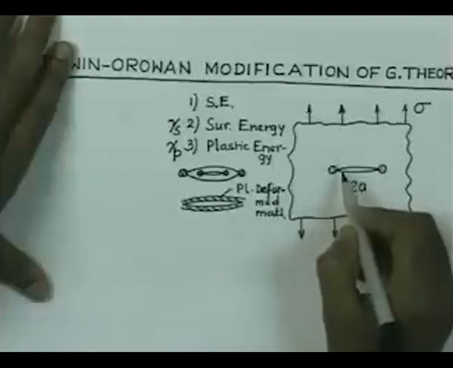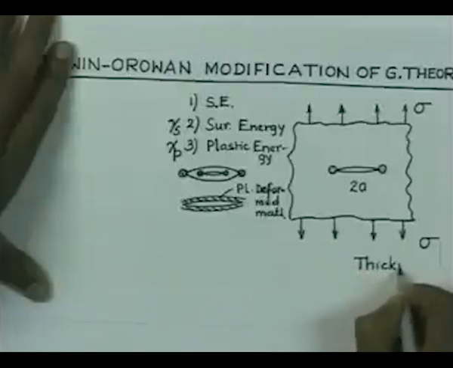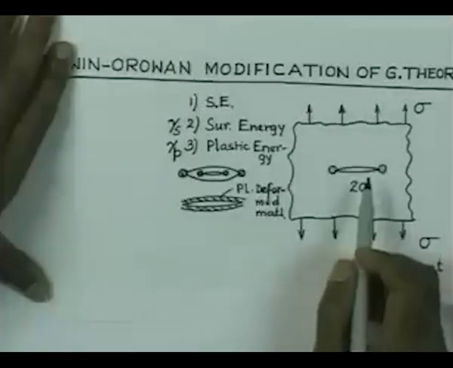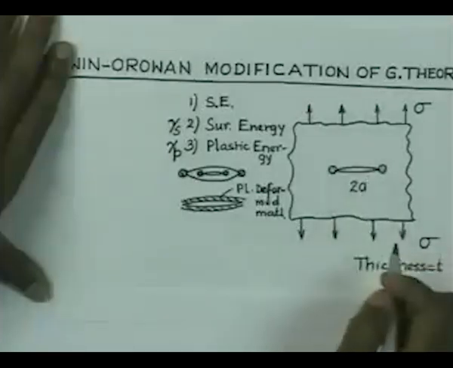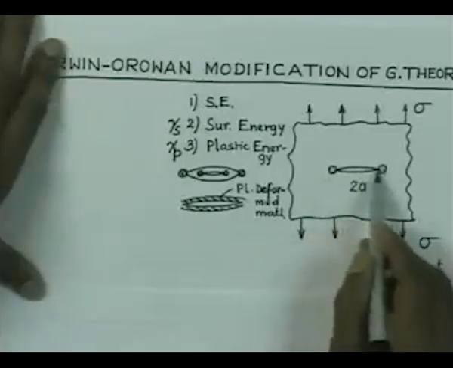So, if you have a crack of size 2a in a material of thickness T, then the total area of the crack surface is nothing but 2aT, I am sorry, 2aT at the top and 2aT at the bottom.